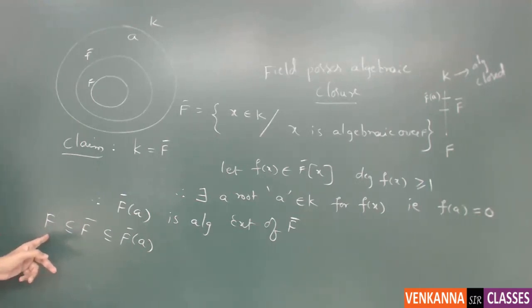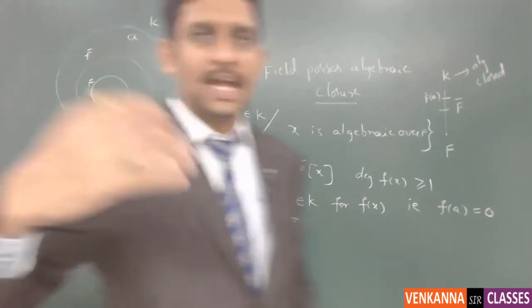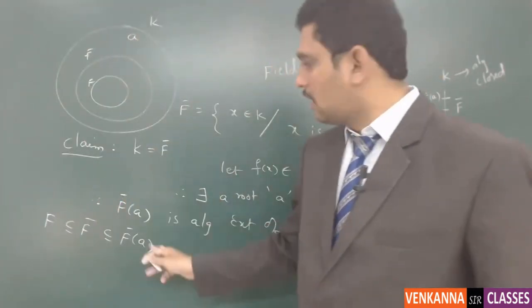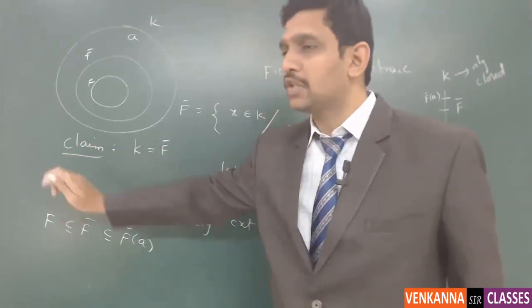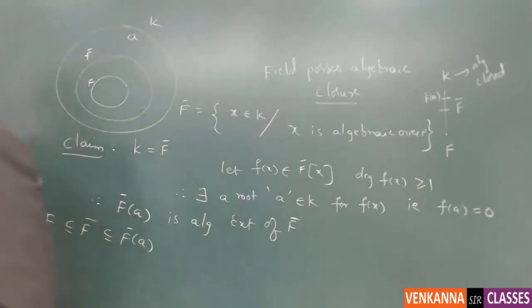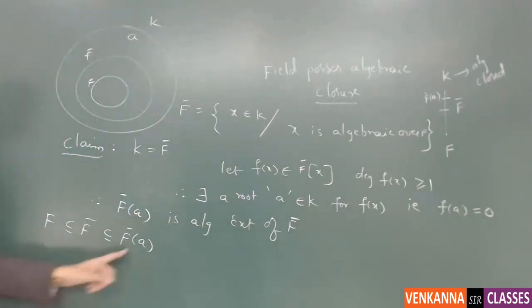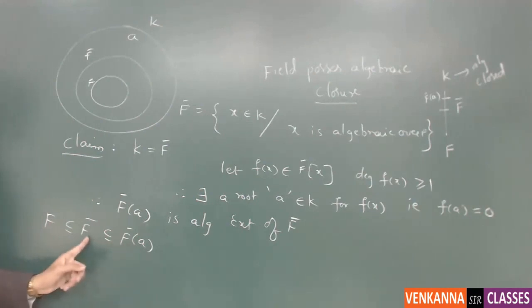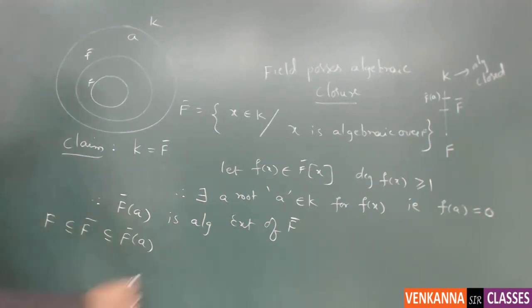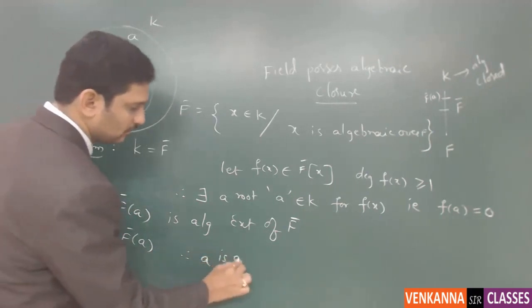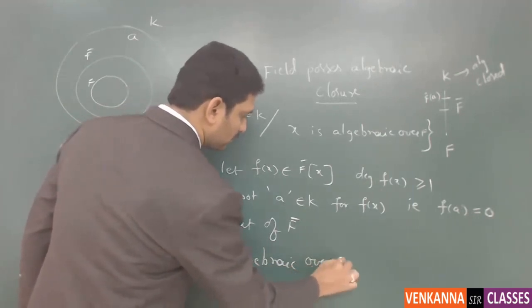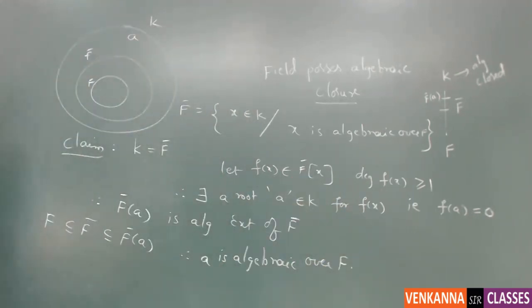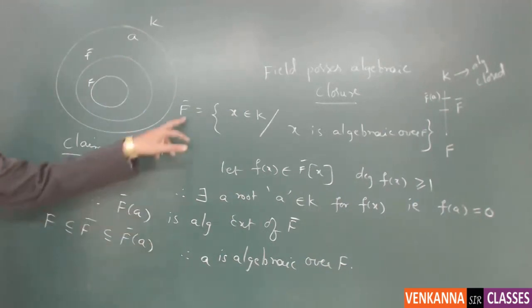We have solved a problem also. Whenever you take a hierarchy, if one element is algebraic over the previous one, the same element will be algebraic over the first one also. So, A is algebraic over F bar as well as F. Now see how the set F bar is defined.